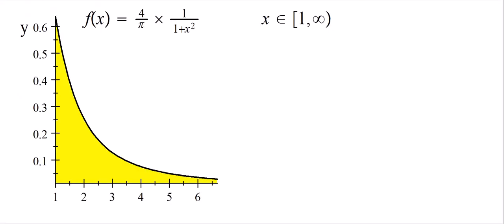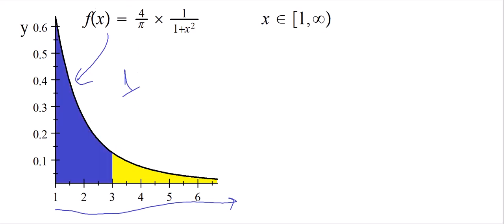So if we have this graph of f, then this yellow region, going from 1 to infinity, is going to be how much? 1. Now say you have to find the probability that x takes on a value between say 1 and 3, that is this blue region.